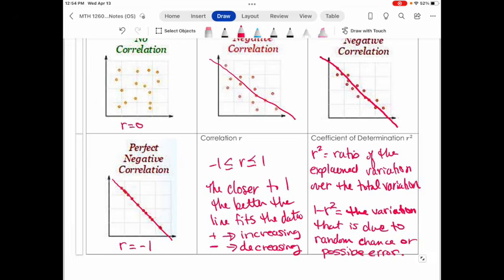Now, the 1 minus R squared is the complement. So if R squared is 0.8, then what we can't explain that's due to random chance or error would be 0.2 or 20%. So the closer you are to 1, if you're looking at it as a decimal, or the closer you are to 100%, the better the fit of the line for the R squared.